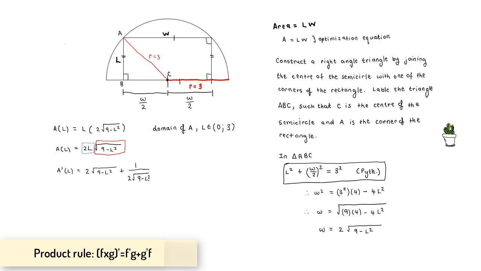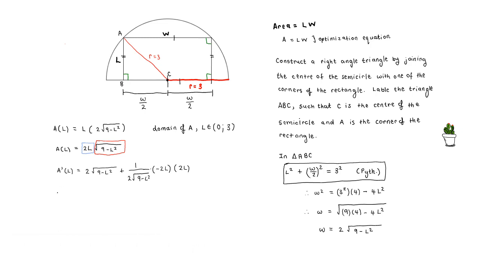If whatever is inside is a complex function like what we have, we then need to apply the chain rule and take the derivative of the inside function, which in this case is going to be minus 2L, and then we need to multiply this by f, so 2L.